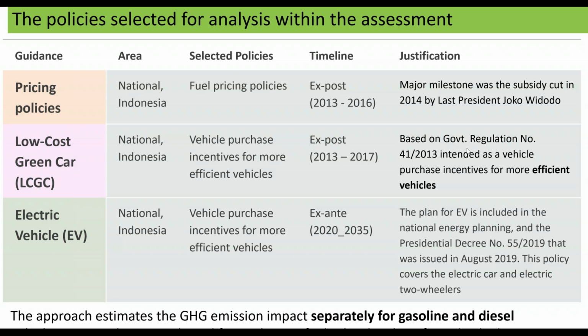Based on our government regulations, we exempt the tax for efficient vehicles. And the last policy we assessed is for electric vehicles. This one is ex ante, for 2020 up to 2035. In this case, we are using approach B, as Felix already mentioned, there are approaches A, B, and C. We are doing approach B, separately for gasoline and diesel vehicles.